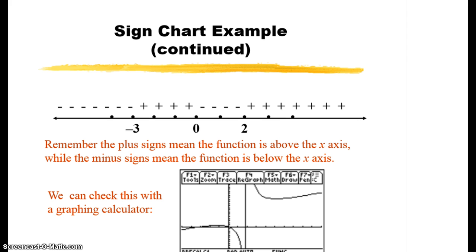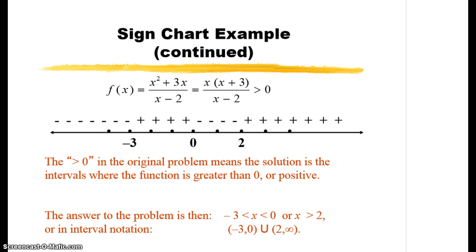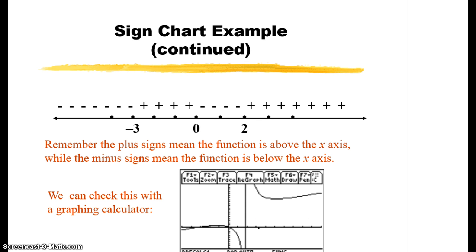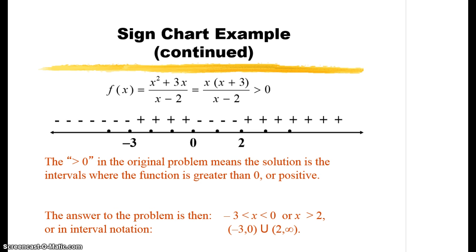Remember, the plus signs mean the function is above the x-axis, while the minus signs mean the function is below the x-axis. Of course, you could check your answer with a graphing calculator to see if what you get is the same, and in fact it is. With that in mind, the bigger than 0 in the original problem means the solution is the intervals where the function is greater than 0.